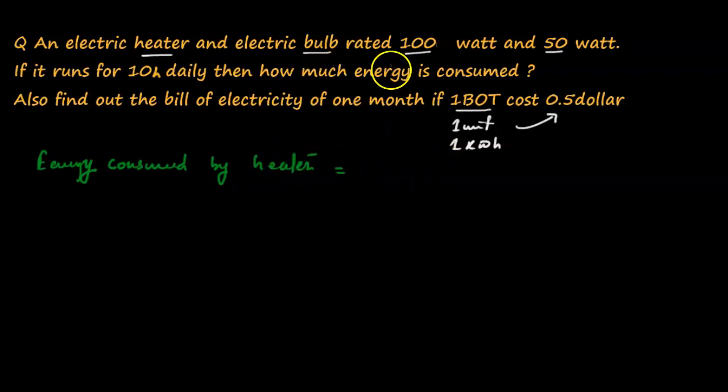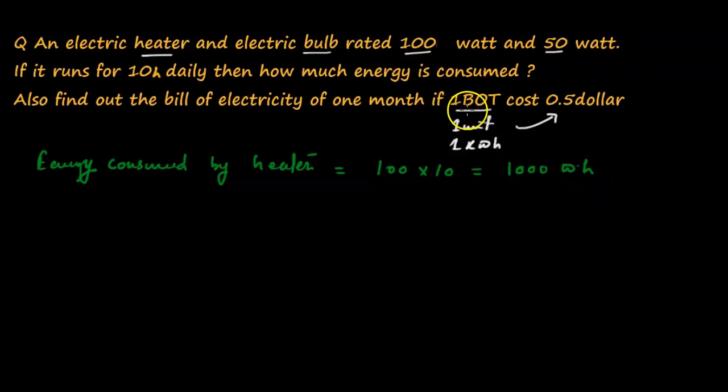We know the power is given in watts, so I'll write down 100 watt, and it is running for 10 hours. So it will be 1000 watt hour. This is basically what is coming. Now we have to convert this into kilowatt hour.